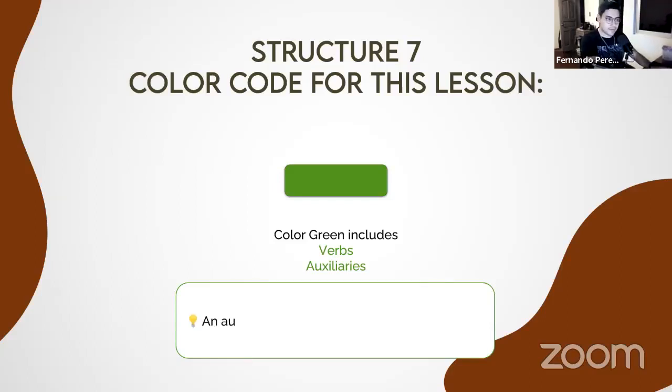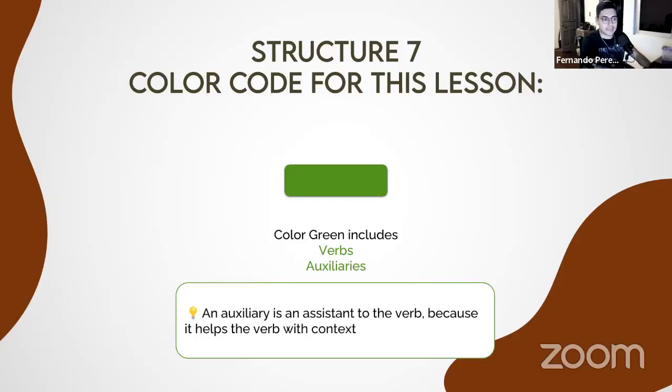An auxiliary is an assistant because it helps the verb with context. Or it helps the verb by providing context. What is the meaning of providing?